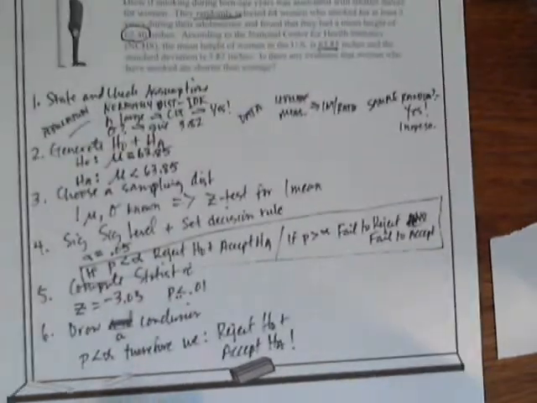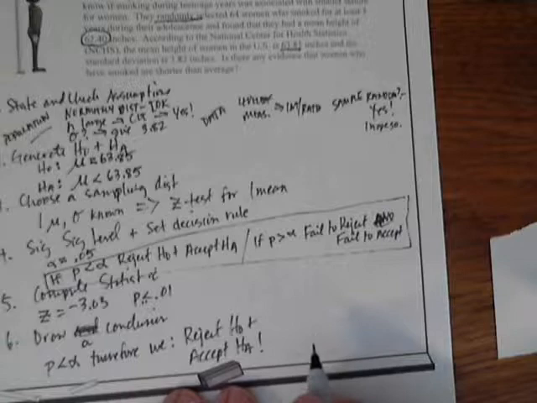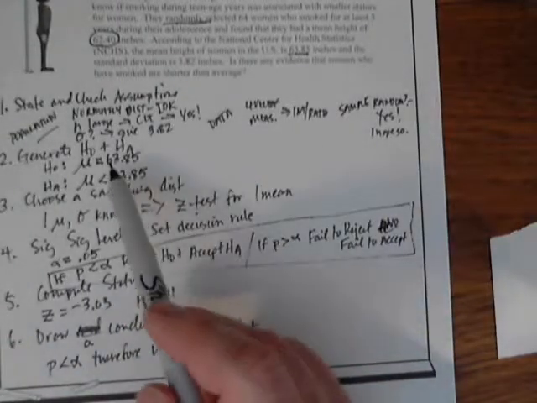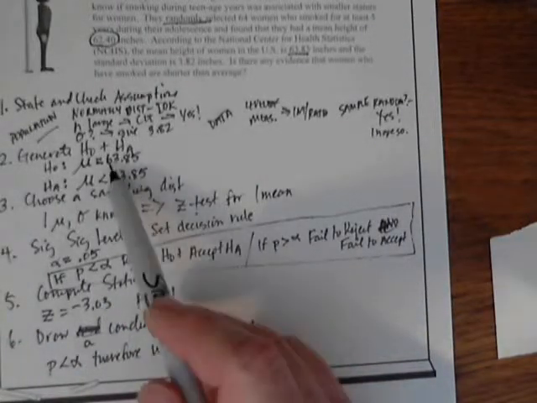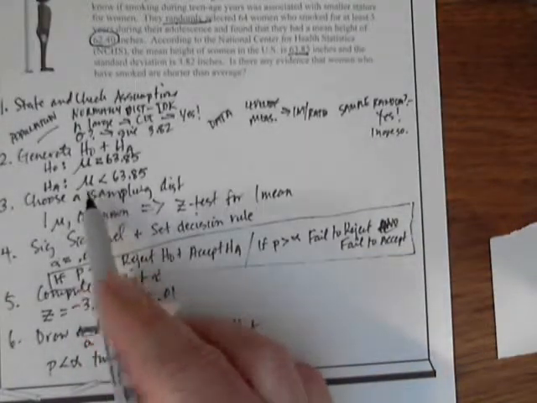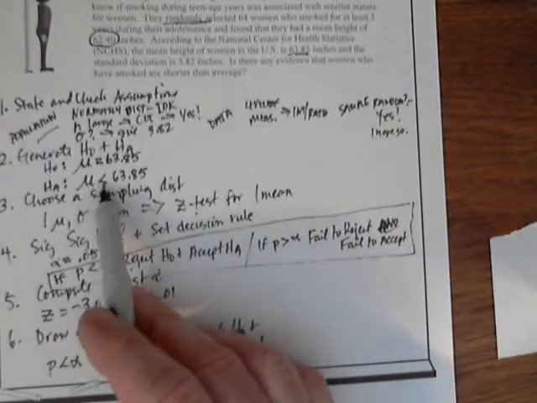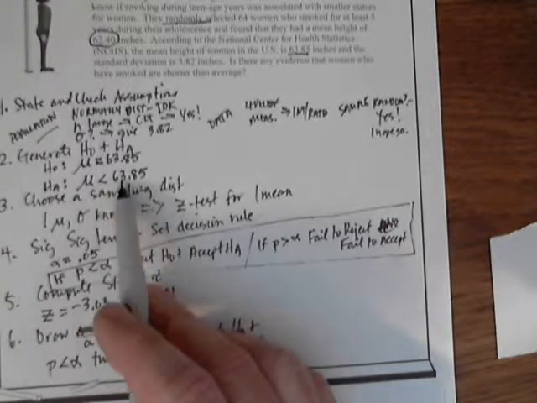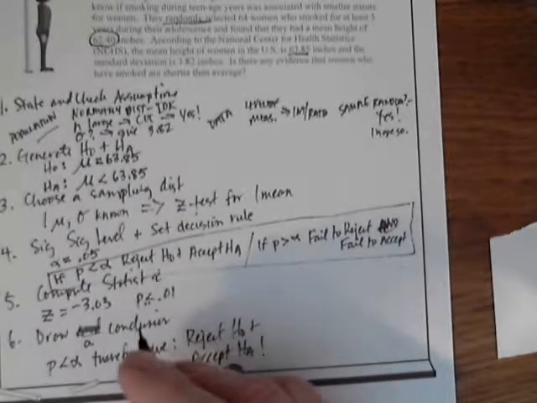Okay? Now, the null hypothesis says that the mean height of women smokers, or women who have smoked in their adolescence, is 63.85. We've rejected that and accepted the statement that the mean of women who smoked in adolescence is less than 63.85.